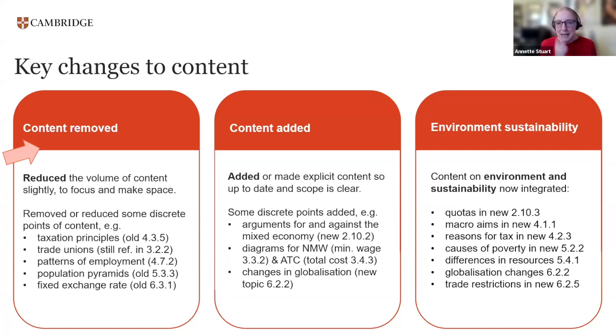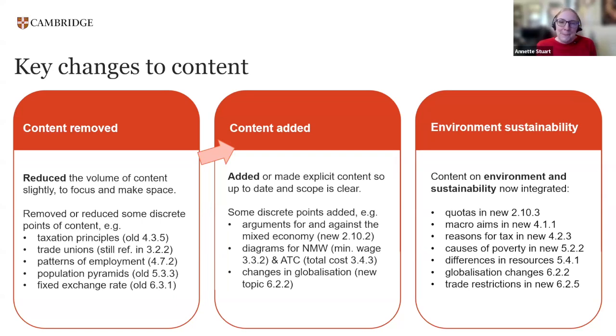So moving on to the next slide. A small amount of content has been added. In many cases, it's just been made explicit rather than it being brand new. So you may find that something listed as having been added, you might think, oh, well, that's been on there before, but it's just making really clear what's in scope of the content.